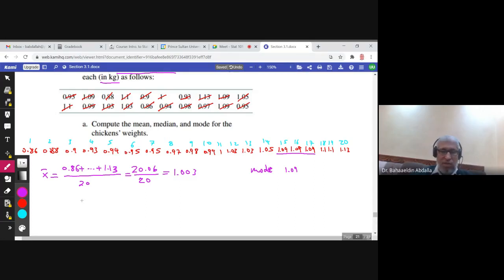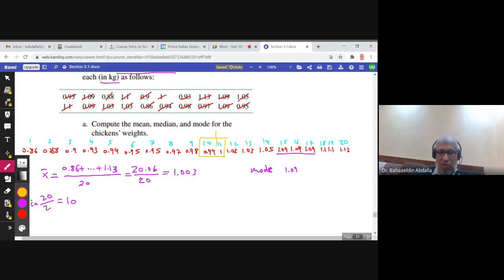To find the median, I need to sort the data. They are sorted. I need to find the position of the median. The position of the median is 20 over 2, which is 10. It's an integer, so I have to go to the number between the 10th and 11th values.